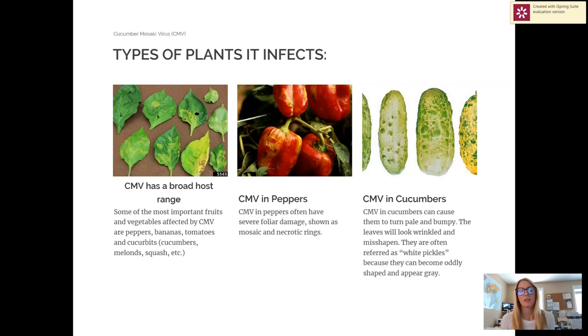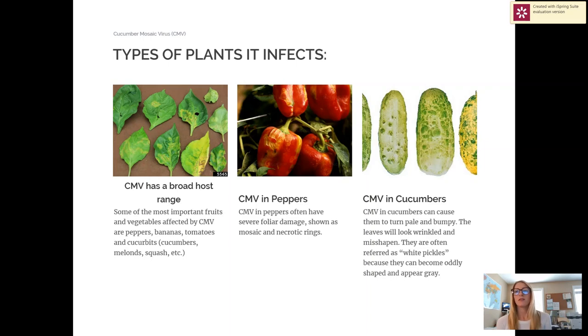Some of the most important fruits and vegetables affected by CMV are peppers, bananas, squash, tomatoes, and cucurbits, which is a group name for cucumbers, melons, squash, etc. CMV is also one of the most recurrent viruses infecting peppers in South Korea.